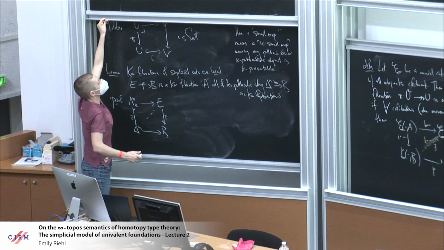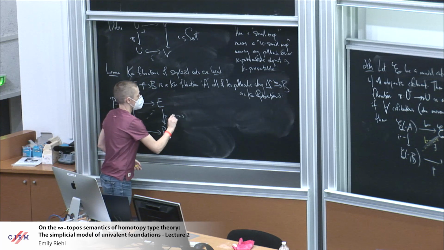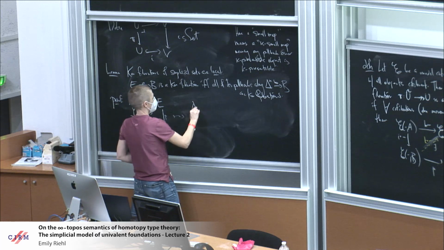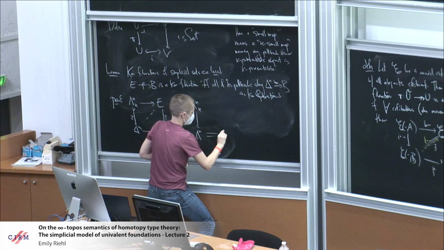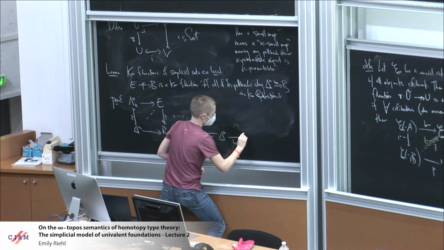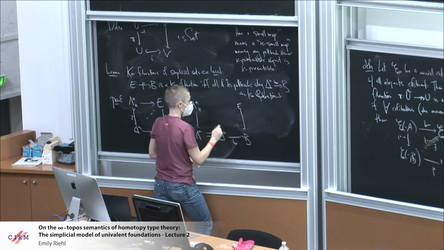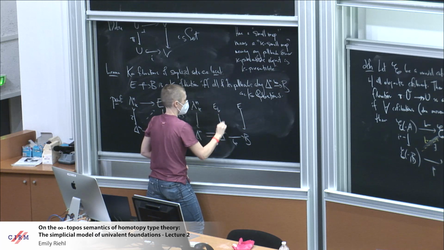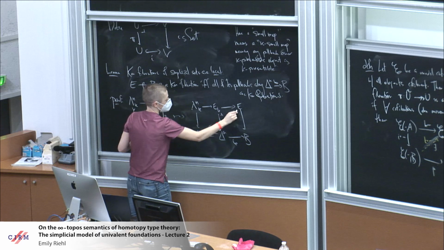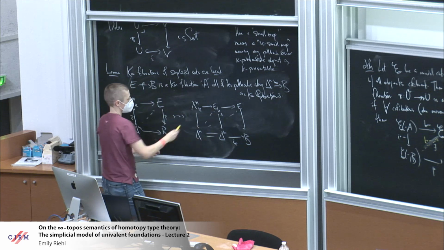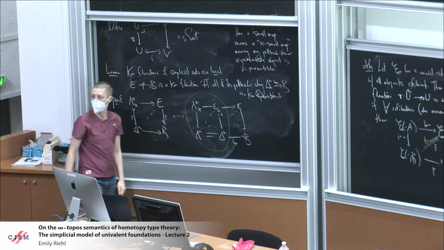Now, an argument that we've used on a few occasions is that when I have a lifting problem of this form, I might as well just pull back the map on the right along the codomain. So I can pull back this E to maybe E over B, which lives here. And you can see that a solution to this lifting problem is equivalent to a solution to this right-hand lifting problem.